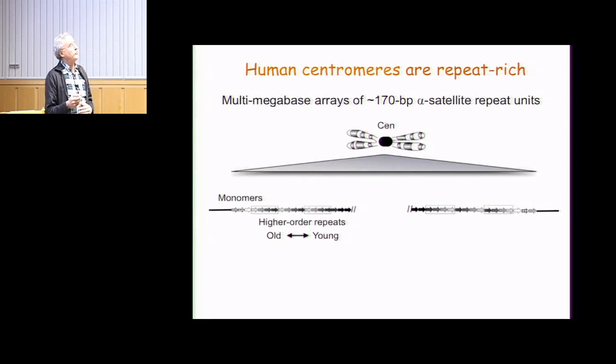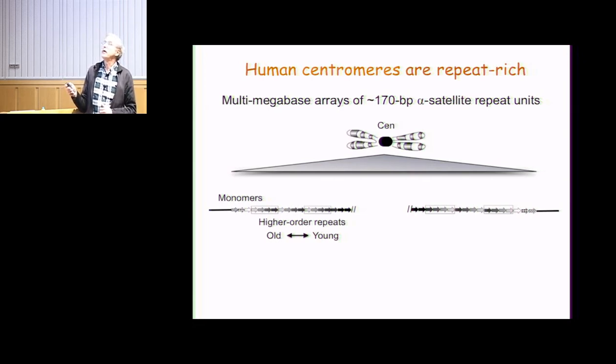Those of you who know about the human genome are probably aware that it is not even close to being completely sequenced, because all of our centromeres are gaps. There's no connectivity. You have multi-megabase arrays of this homogeneous 170 base pair alpha satellite repeat.